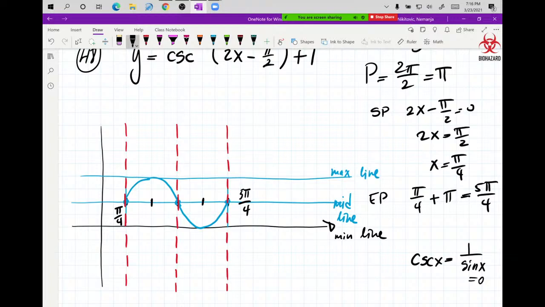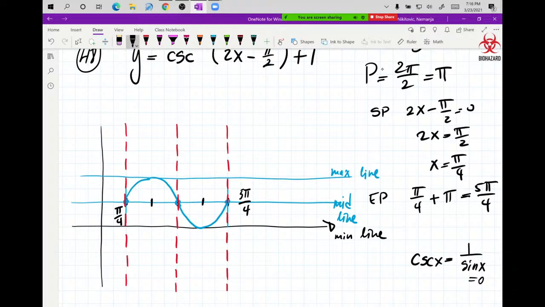No exceptions to the rule. So if we were looking for vertical asymptotes in 2.6 by setting denominator equal to 0, well, here it is again. Cosecant x will have vertical asymptotes anytime sine x has a 0, because sine x is in the denominator. And sine x has a 0 wherever it crosses the x-axis. I mean, midline, technically, in this case.